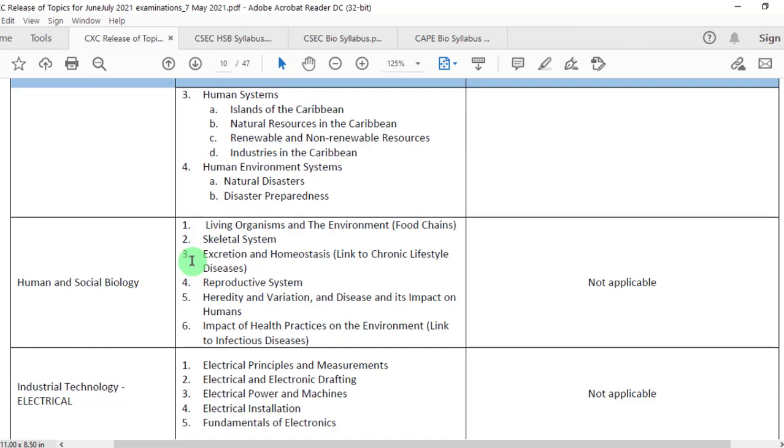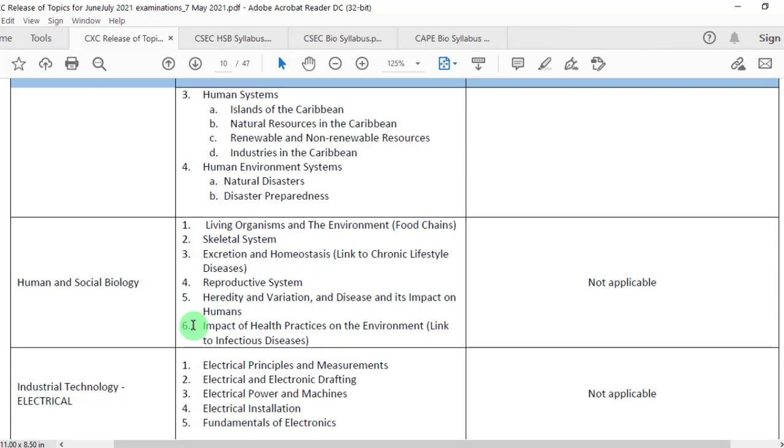Again, I'll explain what that means. Reproductive system, heredity and variation, disease. And this one is basically 2 topics here. You have heredity and variation, and you have disease and its impact on humans. And number 6, impact of health practices on the environment linked to infectious diseases.